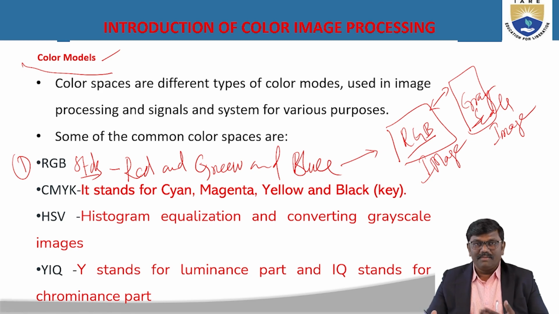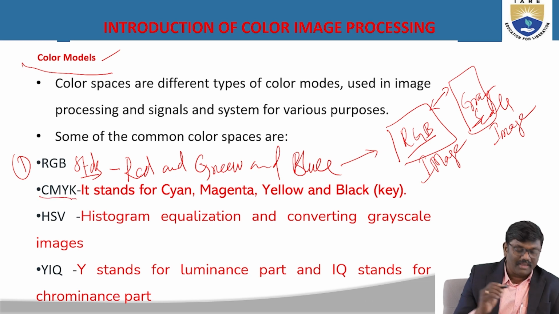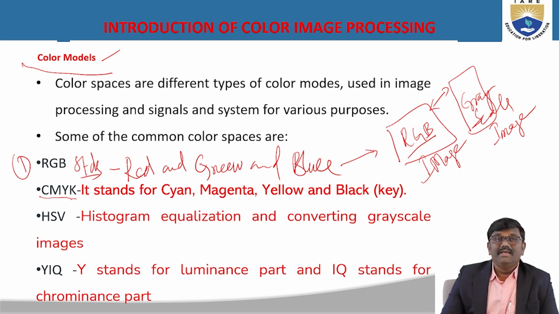Next, coming to another model which we want to understand, CMYK. What do we mean by CMYK? It stands for Cyan, Magenta, Yellow and Black.